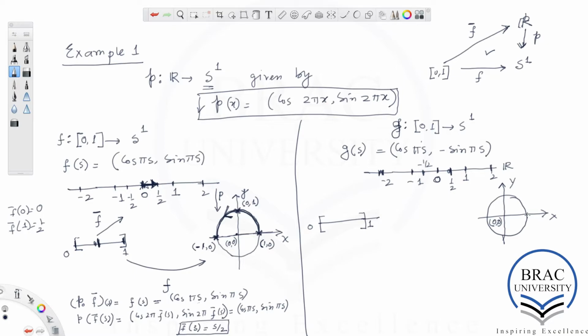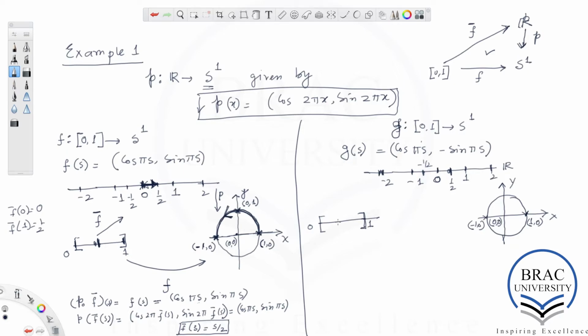So when s is 0, I again have 1, 0, this point, and when s is 1, the other end point of the path is minus 1, 0. So if I plug in 1 here, I get minus 1, 0.